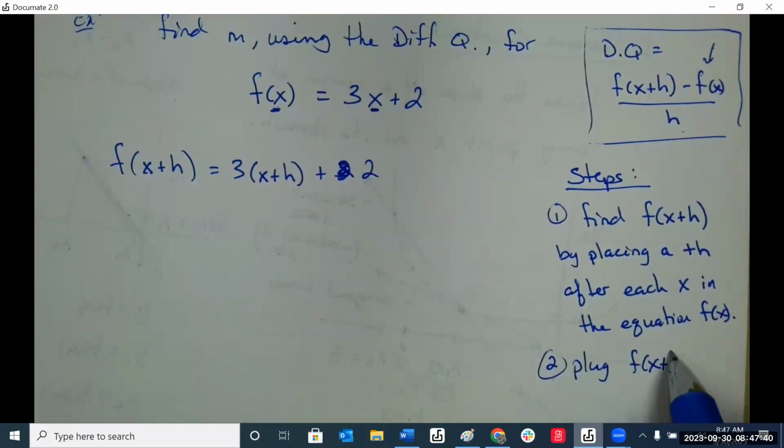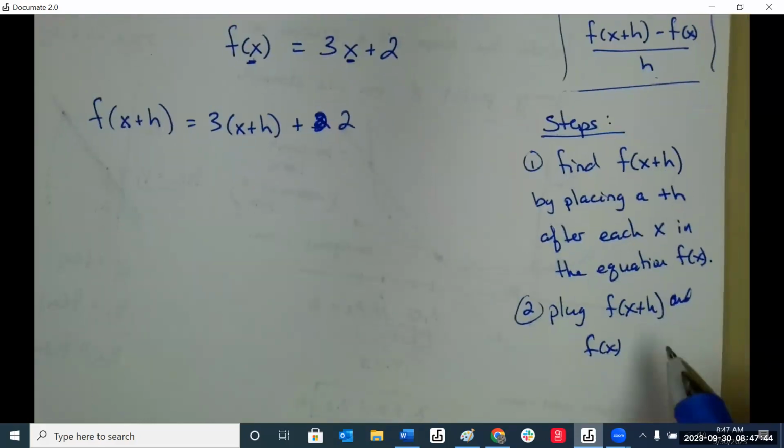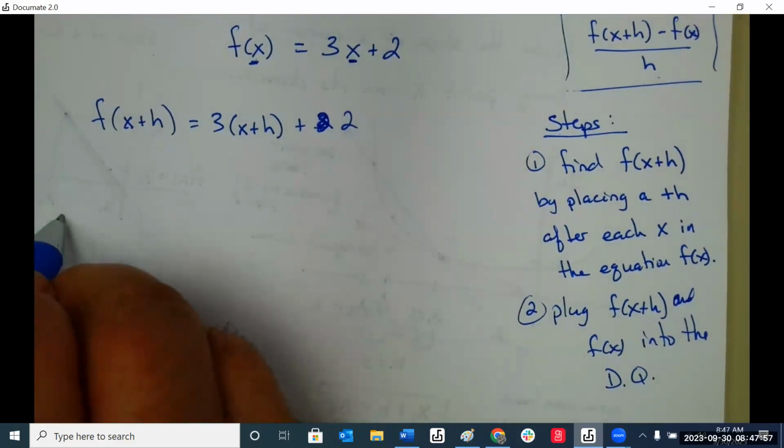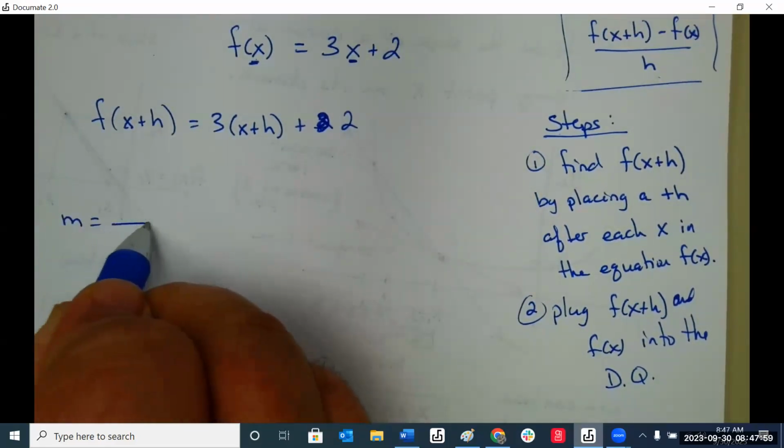Plug f of x plus h and f of x into the difference quotient. So this equals the slope.